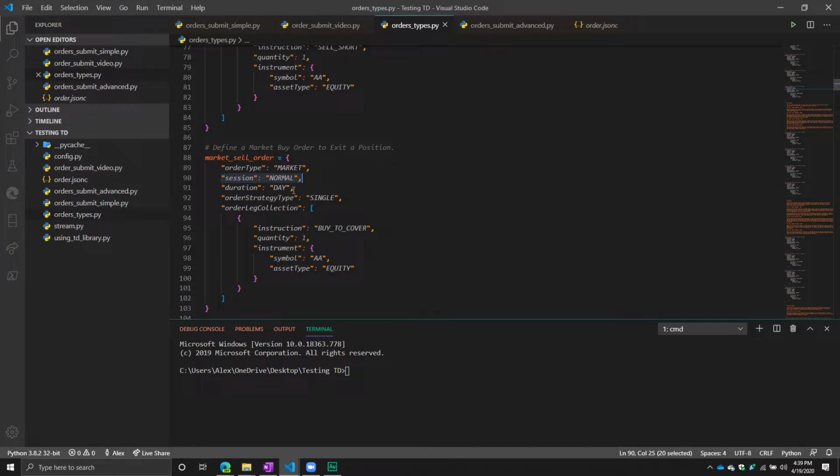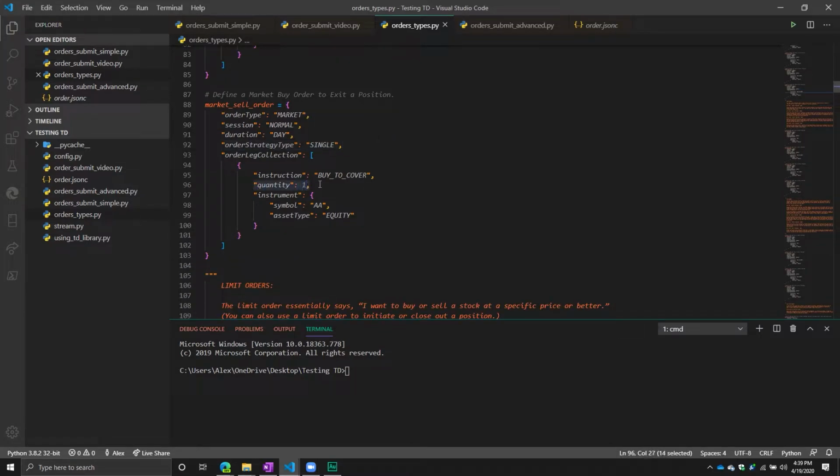And then additionally, because we are doing simple orders at this point, it's just a single strategy type. Now there's OCO and trigger, but that's for the more advanced ones. And then obviously quantity defines number of shares. And then here is our instrument. We need a symbol and we define an asset type. So hopefully very familiar from our previous videos.